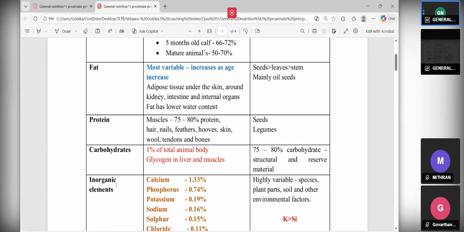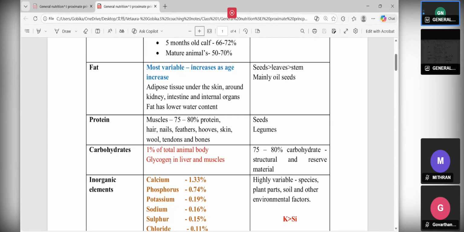Then coming to carbohydrates, mostly they ask only two questions regarding this. In the animal body, about 1% of the total body weight is carbohydrate. In plants, mostly 75 to 80% of the plant content is carbohydrate, considered as a structural and reserve material.